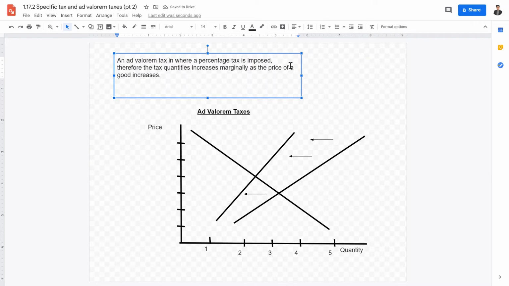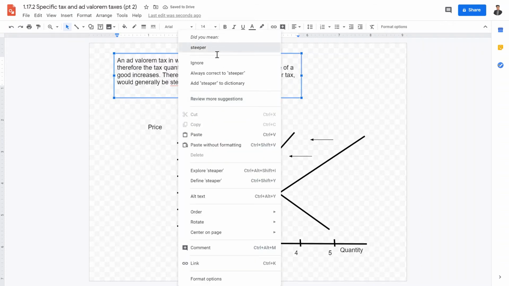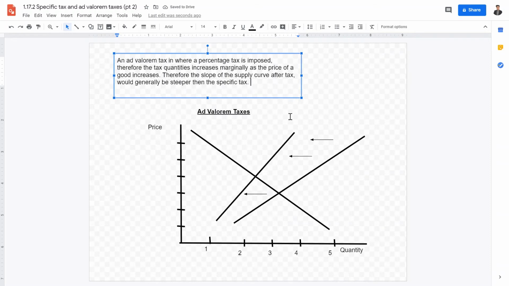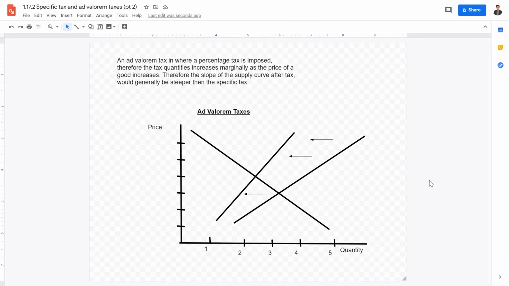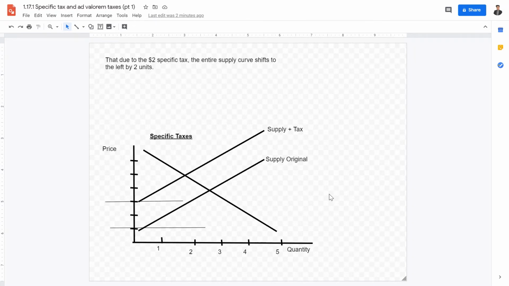Now, with this ad valorem tax, the slope of the supply curve after tax would generally be steeper than the specific tax. That is because when the price of a good is higher, the tax is marginally higher than a specific tax. Therefore, when illustrated in graphic form, the slope will be steeper than what it was originally.